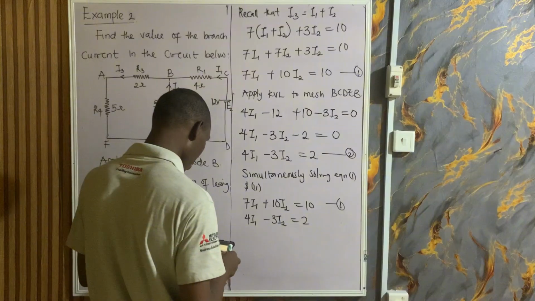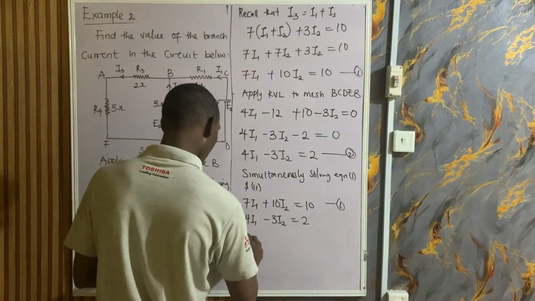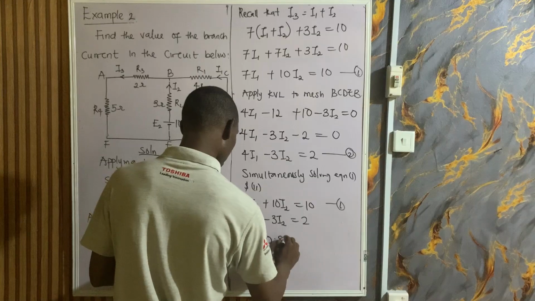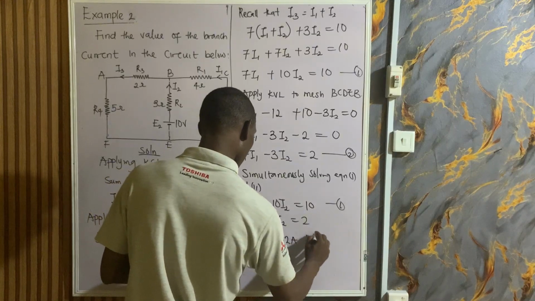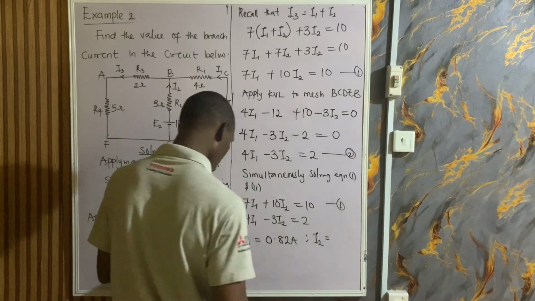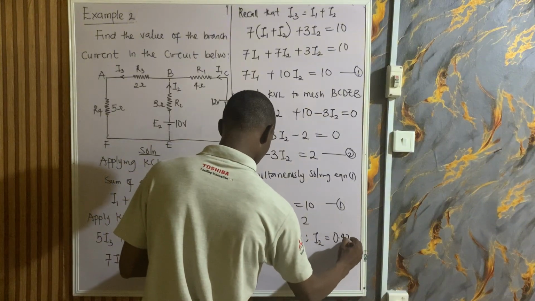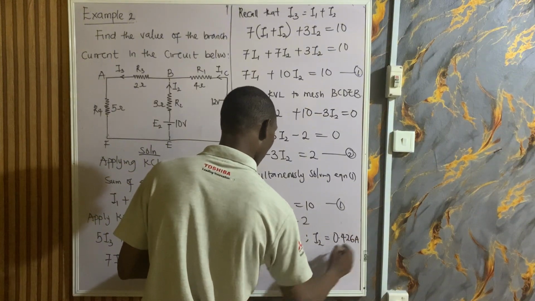We are going to have I1 to be 0.82 ampere and I2 to be 0.426 ampere.